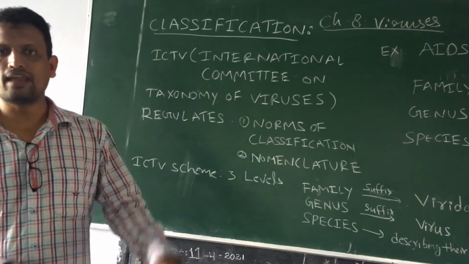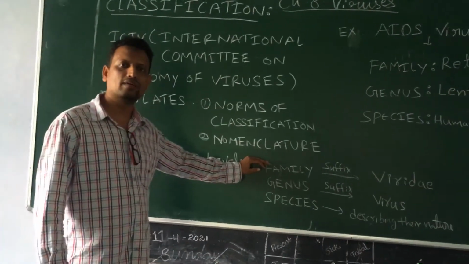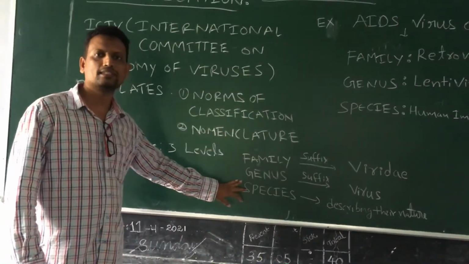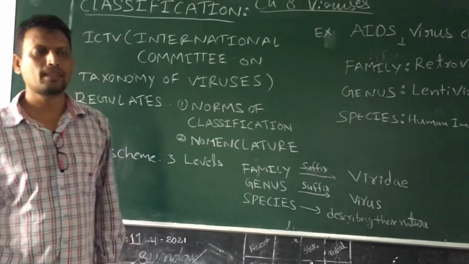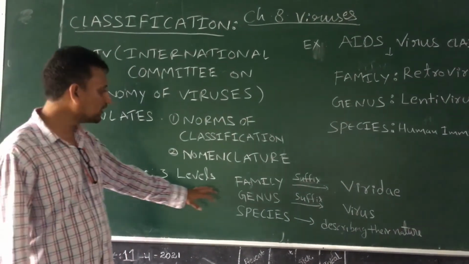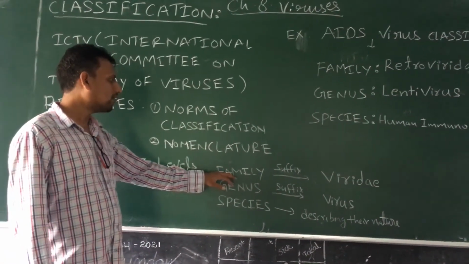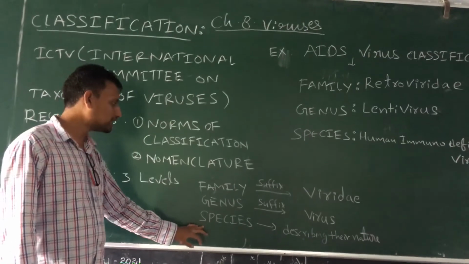But here the top one is family only, then genus, then species. No kingdom is there. So according to ICTV rules, there are only 3 levels: the highest is family, next is genus, and next is species.